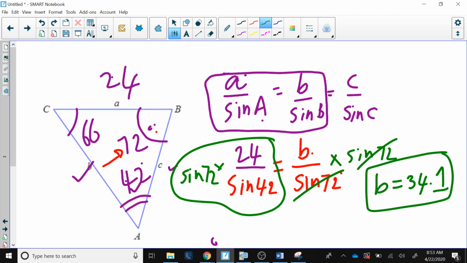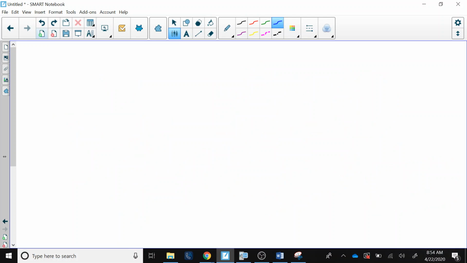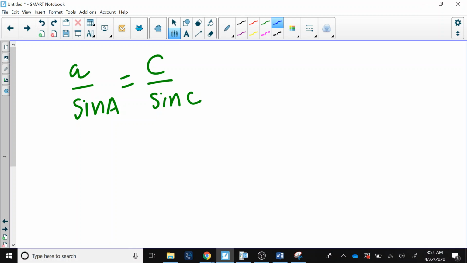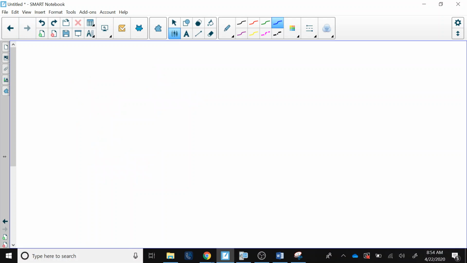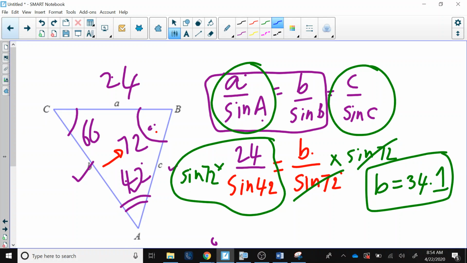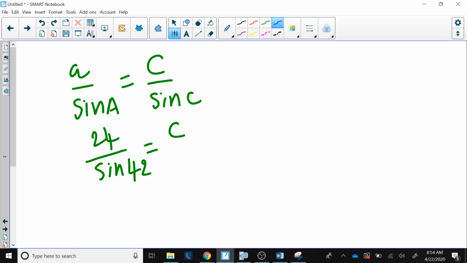Now I want to find c. I'm going to take the first expression and the last expression and write it as an equation: a over sine A equals c over sine C. My a is 24 over sine A, where capital A is 42, equals c, which is unknown, over sine 66, since capital C is 66.